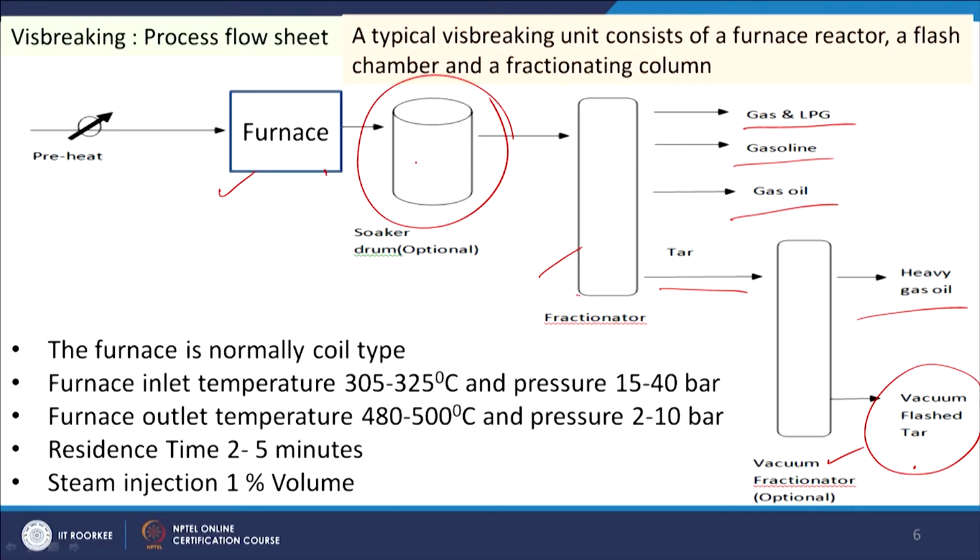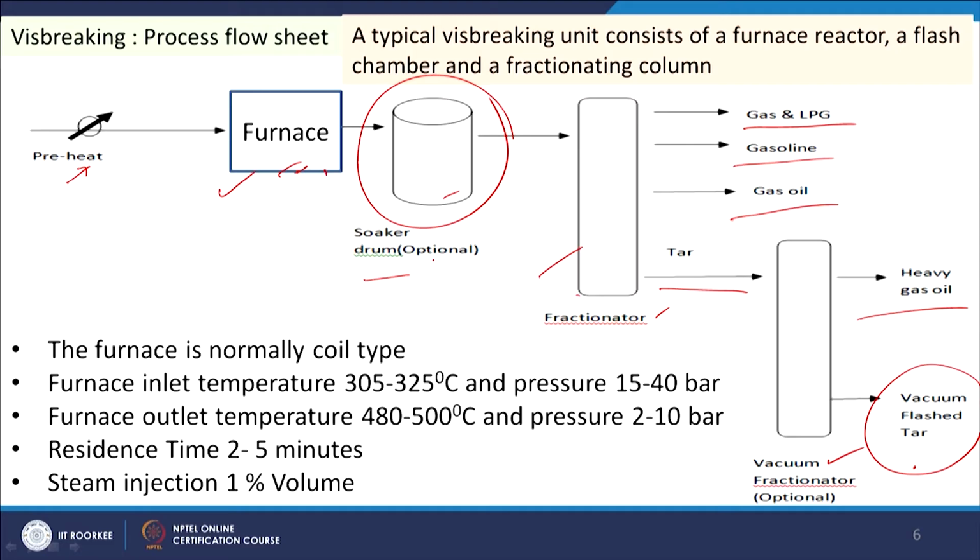Initially we preheat the feed from the ambient temperature to some preheated temperature, then it comes to the furnace. It is heated further and stays in the furnace for a very small time, then it goes to the soaker, where it stays for a relatively longer period, and then it goes to the flash drum and fractionator. In this case the soaker drum is optional.